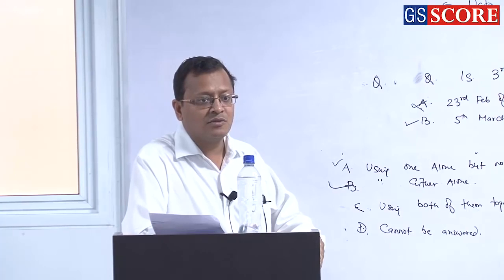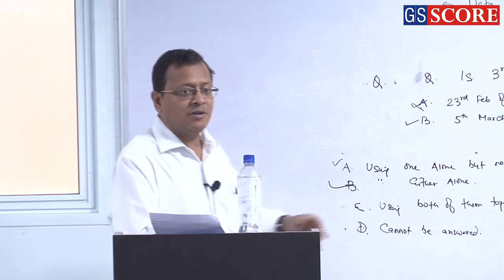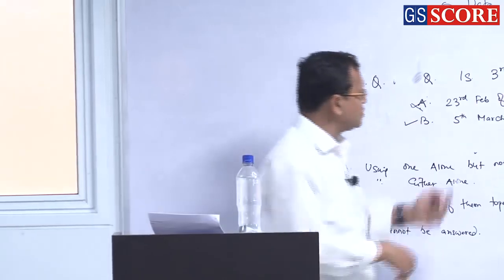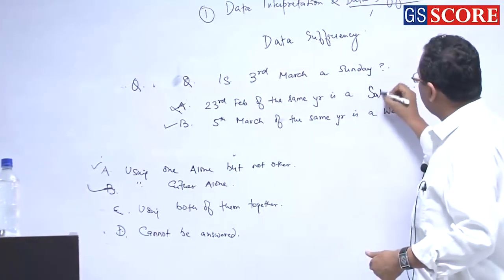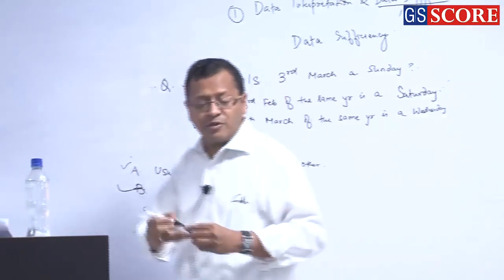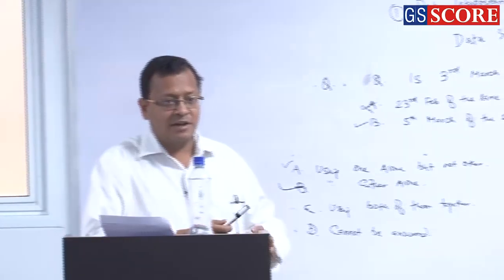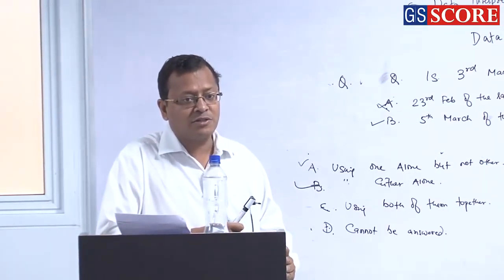Yes. I didn't get that. It's a Sunday. And how was that? The previous question? No, this one. Saturday. Okay. If 23rd Feb of the same year is a Saturday, and if it's not a leap year, then what is 3rd March?